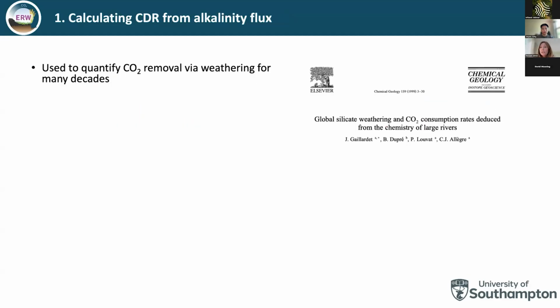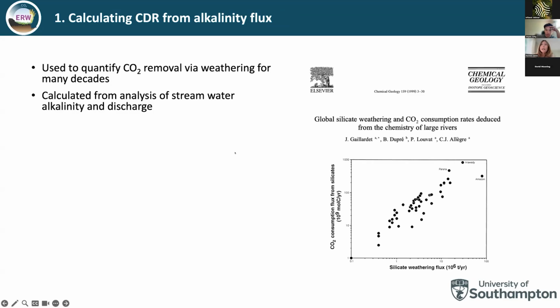So in terms of calculating carbon dioxide removal from the production of alkalinity, that's been used to quantify carbon dioxide removal rates via weathering for many decades. So this is the classic paper here, published back in 1999 from Jérôme Galladay and colleagues in France. And what they do is they analysed the hydrogen carbonate ion content of stream waters all over the globe.